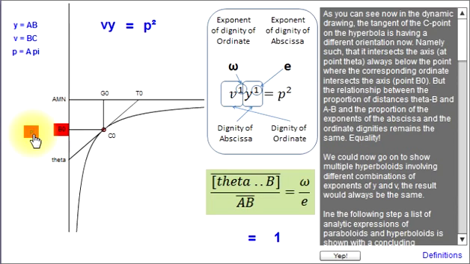This is what Ricci found out, and Leibniz was using this proportion or this relationship between the proportions of these axis distances determined by the tangent and the ordinate and the exponents of the dignities of the analytical expression.